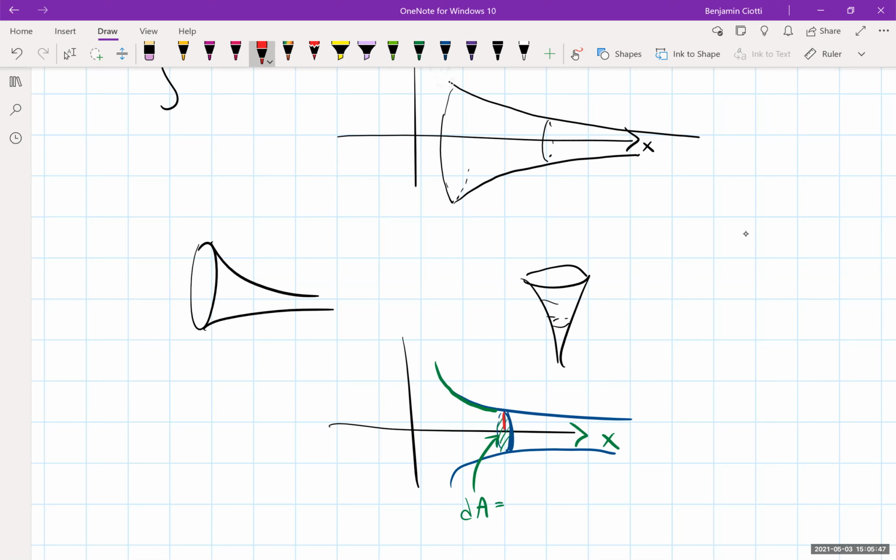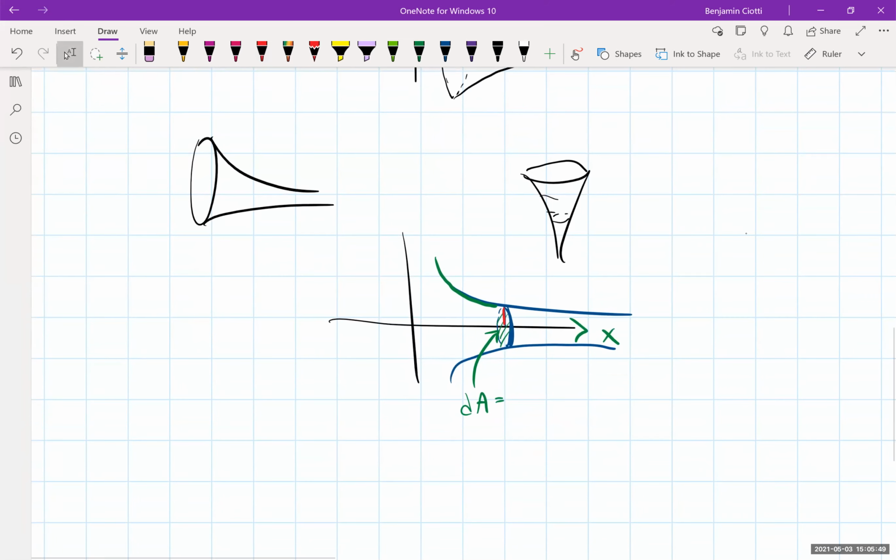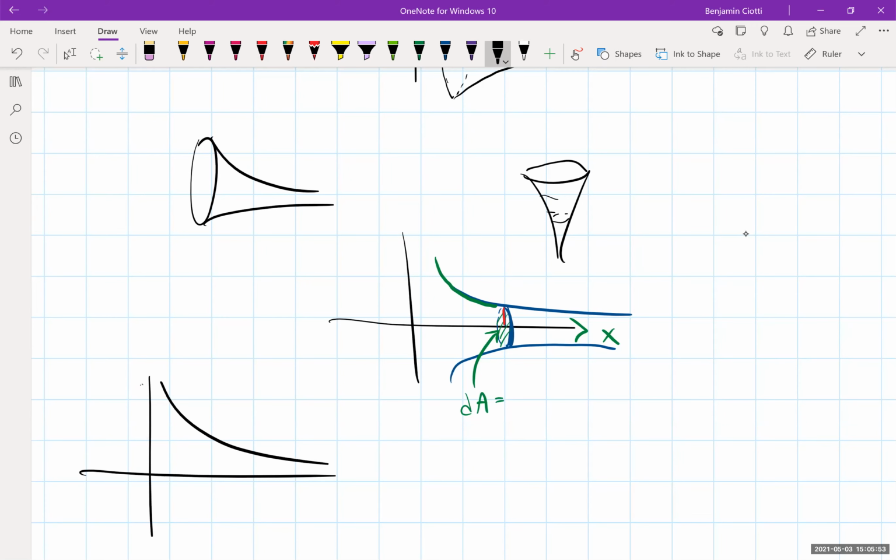If you want to view this as a surface of revolution, then let's first make it a one-dimensional problem where we call this the z or the y, and this the x. In which case, what would this graph be? Well, z equals 1 over x.